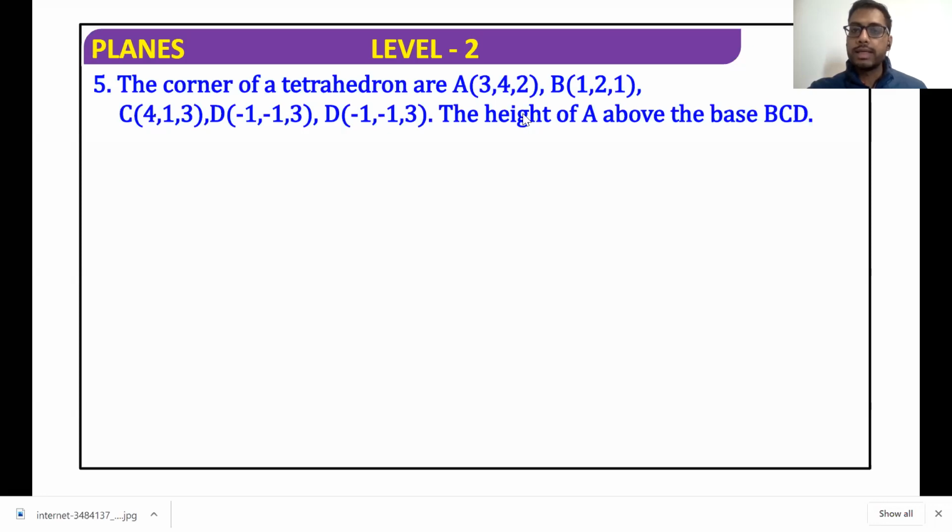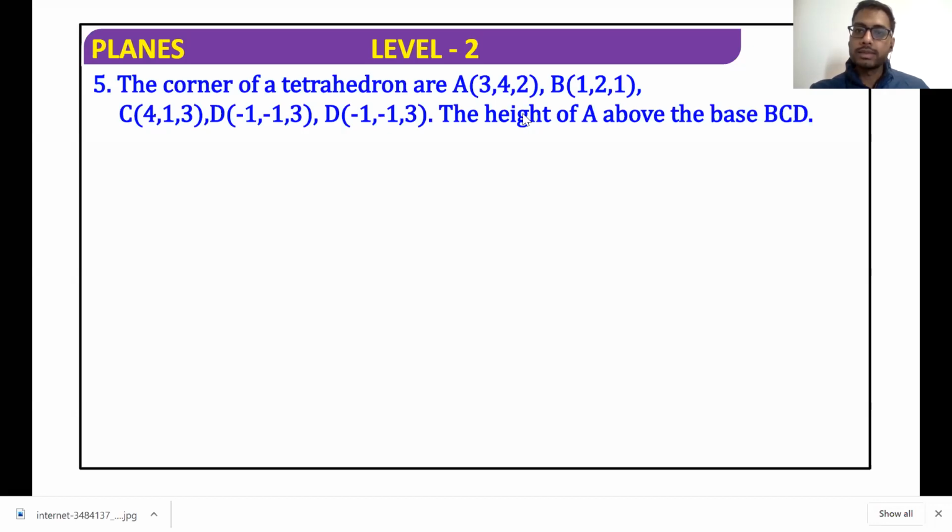Now how can we find equation of plane BCD when 3 points are given to you? We can use 3-point form. And what is 3-point form to get equation of a plane? It is your determinant value equal to 0. And determinant formula is x minus x1, x2 minus x1, x3 minus x2.